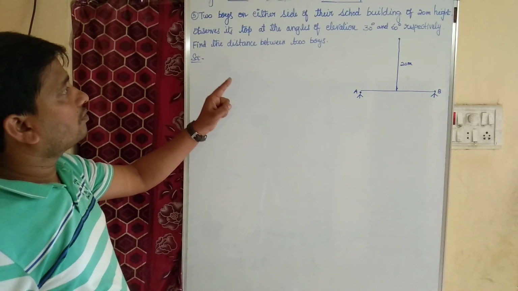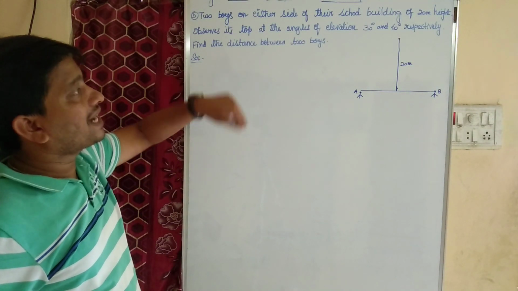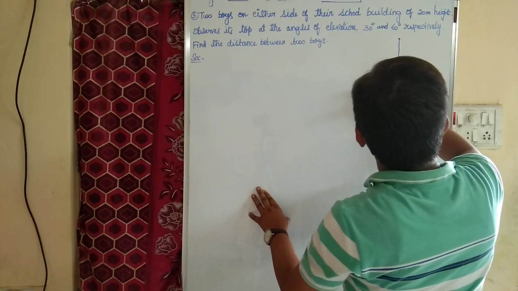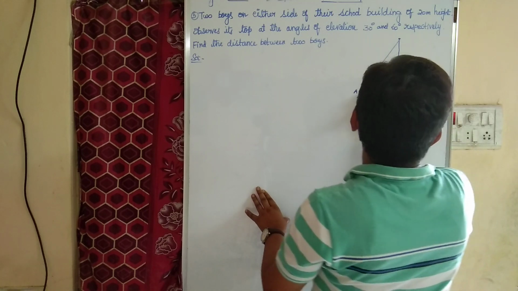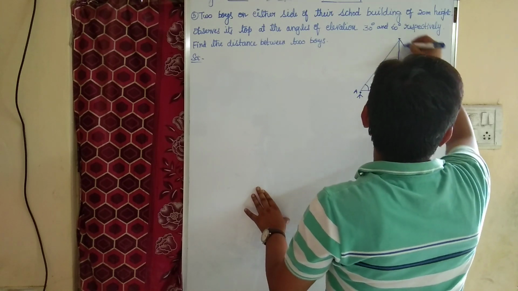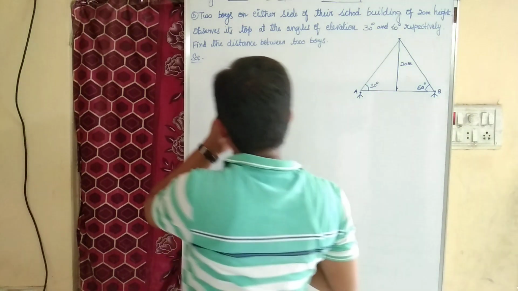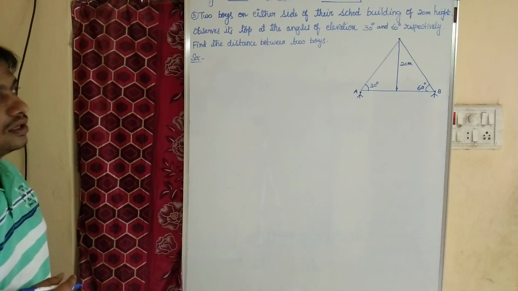They observe its top at the angle of elevation 30 degrees and 60 degrees respectively. Find the distance between the boys.